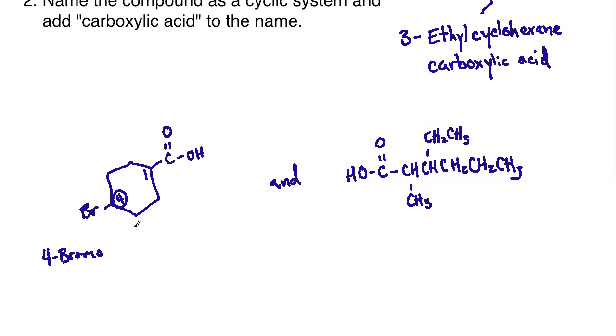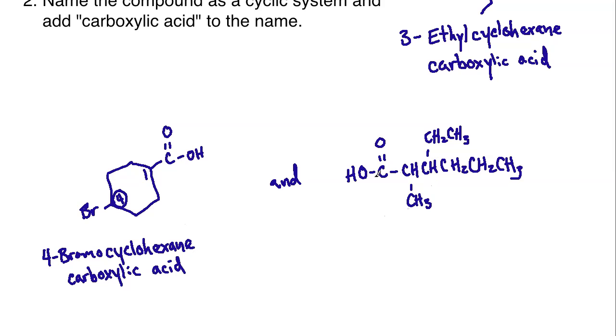It is a 6-membered ring, so I would call it a cyclohexane. And then at the very end, I need to make sure that I include the words carboxylic acid in order to let the user know that there is a carboxylic acid present in position 1.